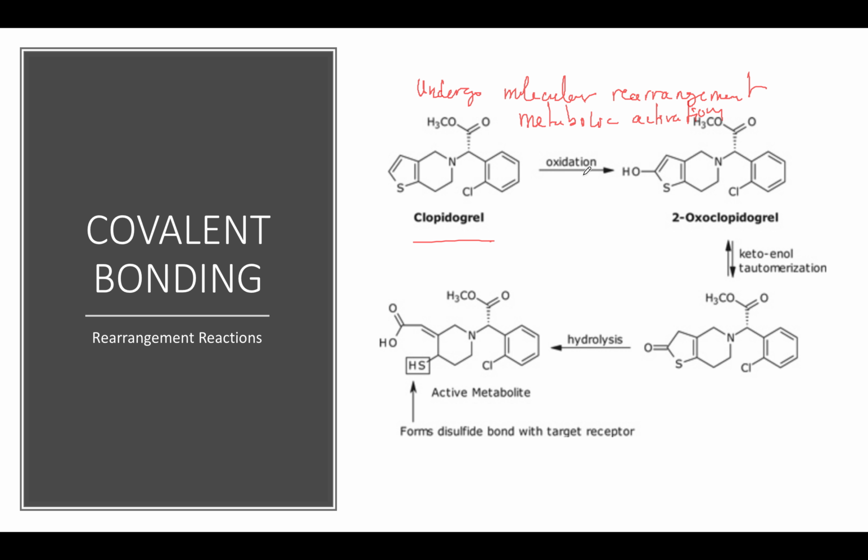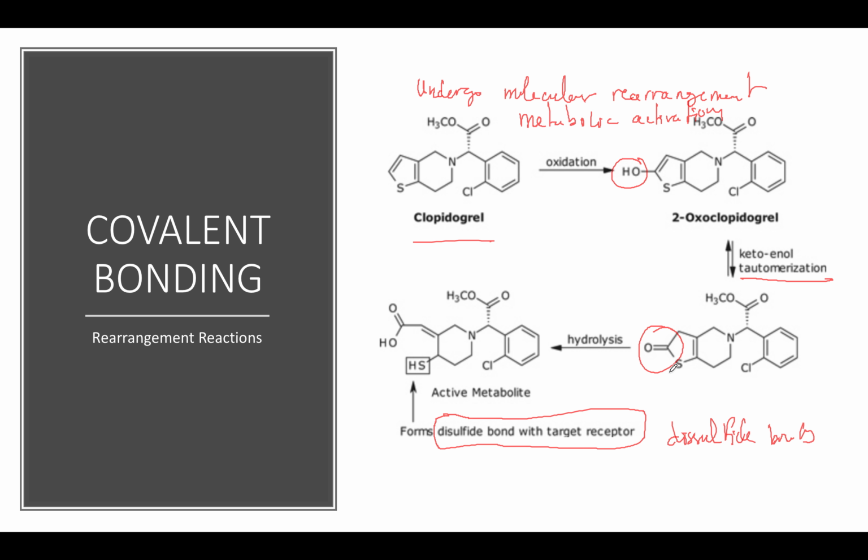It has to go through oxidation to the 2-oxoclopidogrel, and then undergo tautomerization to the keto form, followed by hydrolysis to liberate the thiol moiety that's then going to be able to engage with the target receptor and form disulfide bonds.